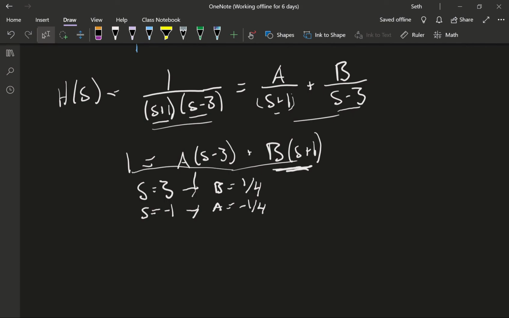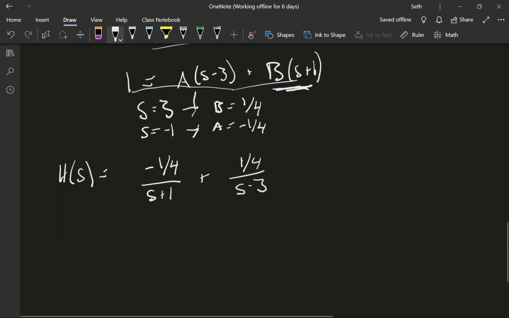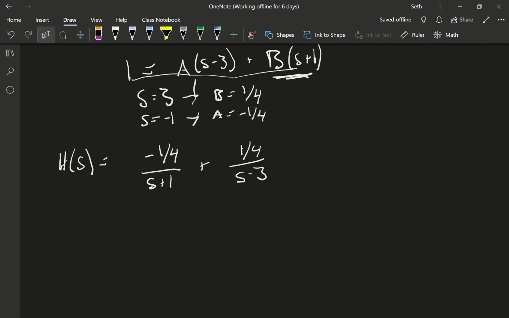Let's go ahead and rewrite this now. H(s) equals -1/4 over (s plus 1) plus 1/4 over (s minus 3). Now we're in the right half plane, to the right of the rightmost pole, the rightmost pole being 3. So we know that s is greater than -1 and s is greater than 3.